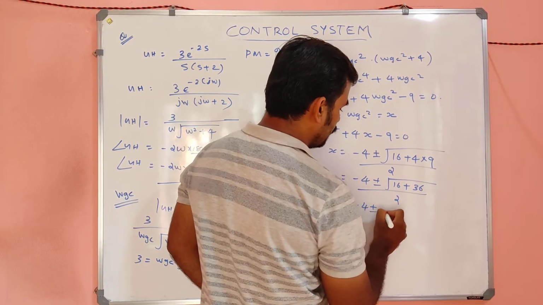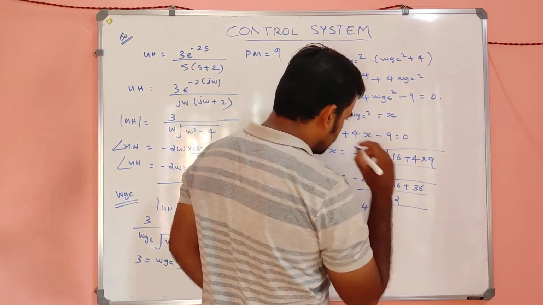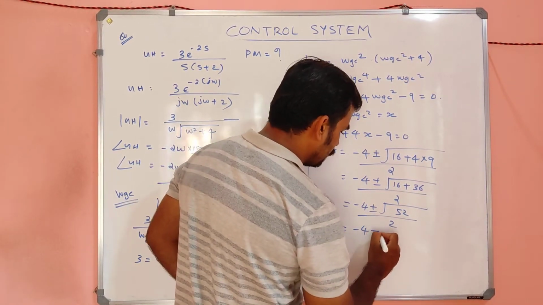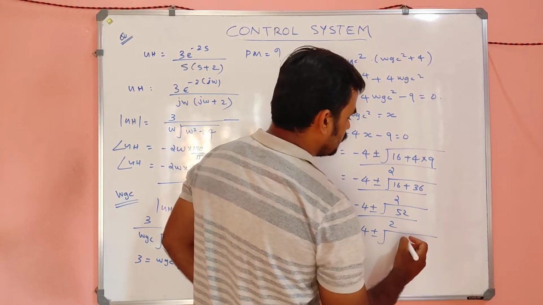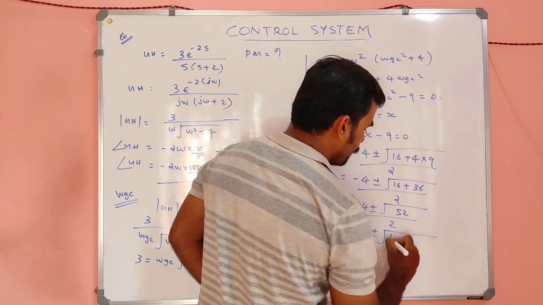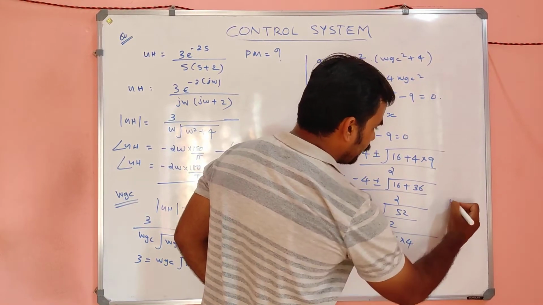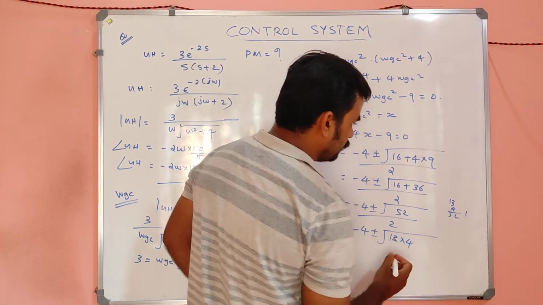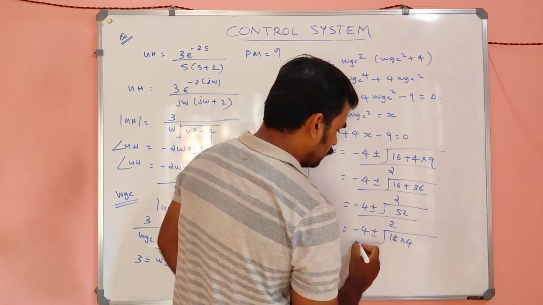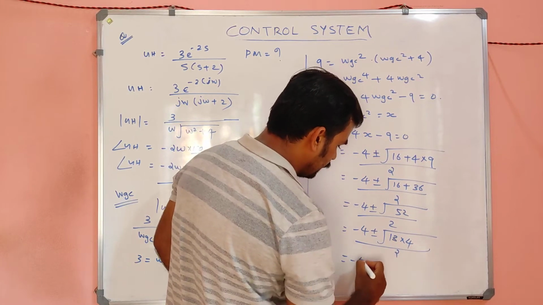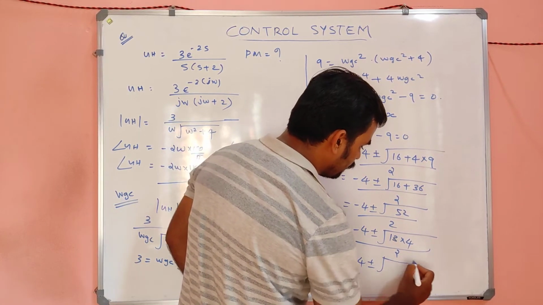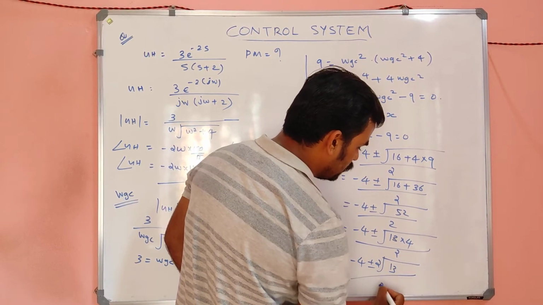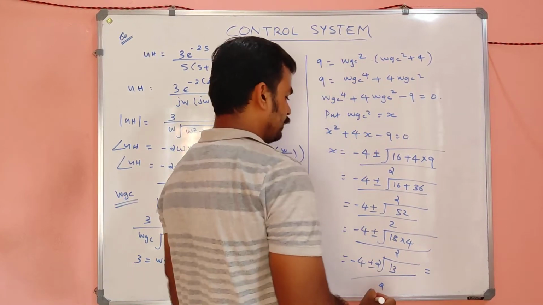Minus 4 plus or minus root of 36 plus 16, 52, whole divided by 2, which is nothing but minus 4 plus or minus root of 13 into 4, whole divided by 2, which is nothing but minus 4 plus or minus root of, 2 can be taken outside, 2 root 13, whole divided by 2.